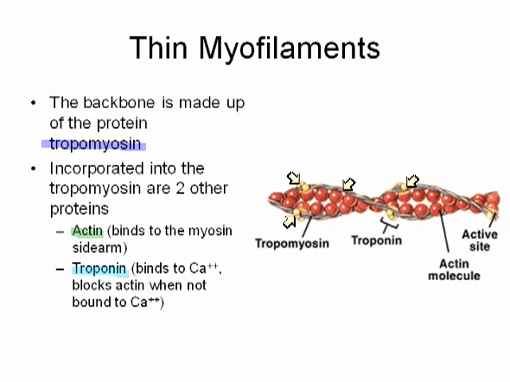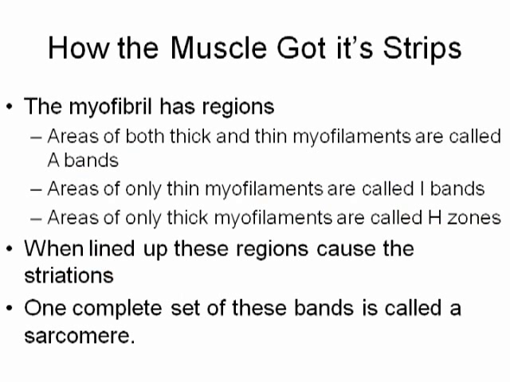And when tropomyosin spins, it uncovers the actin. And when actin is uncovered, it can bind to the myosin. Makes sense? Hopefully. Good. Let's move on.